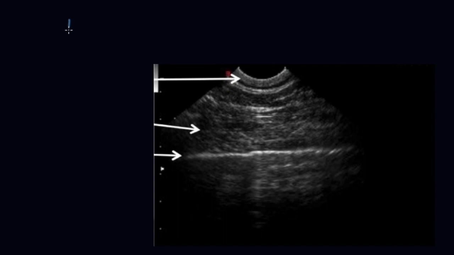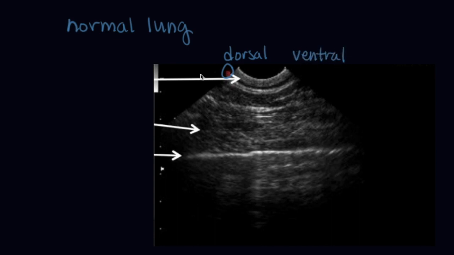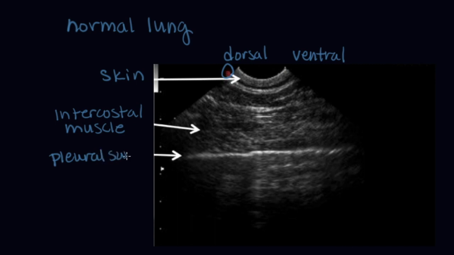This is the image we expect to see of a normal lung. Remember, our marker on the left side indicates dorsal. The most superficial part of the image is going to be the skin. Underneath that is the intercostal muscles, which are a mixed echogenicity. And below that, we see a thin hyperechoic line of the aerated periphery and reverberation artifact below it.